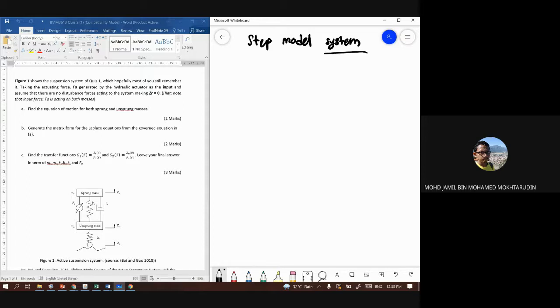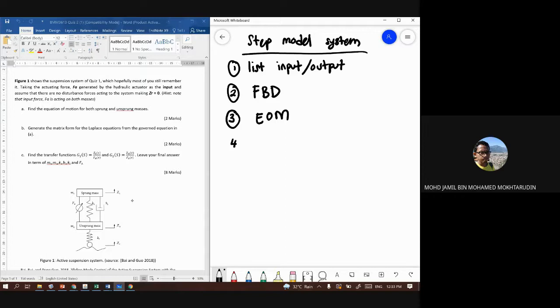We have 4 steps. Step 1, list input and output. Number 2, draw the free body diagram. Number 3, write the equation of motion. And number 4, find the transfer function. Question A wants you to find the equation of motion, meaning until step number 3.